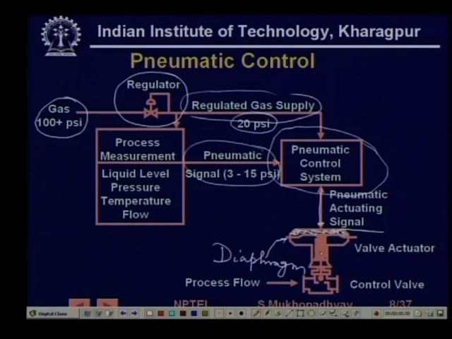What will happen is that this diaphragm will, under pressure, come down and close the valve here. So, this typically is a kind of schematic that is used for pneumatic controls, and various kinds of technologies are used. So, we are going to have a look at that.